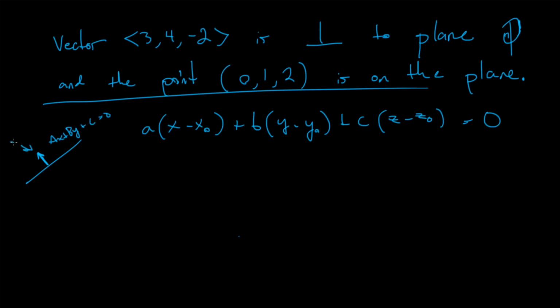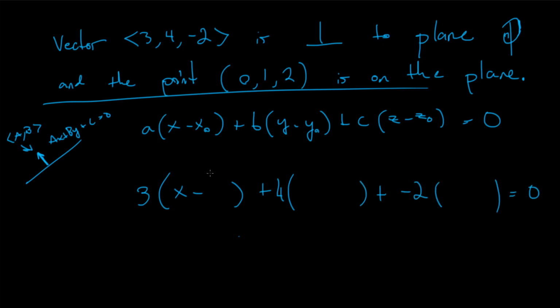So over here we have the perpendicular vector. That's just going to be 3, 4, and negative 2. We've got a y minus and a z minus, and then we have the point 0, 1, 2.